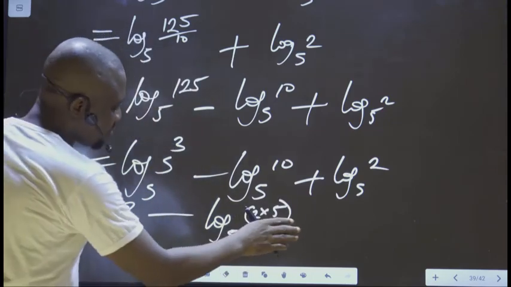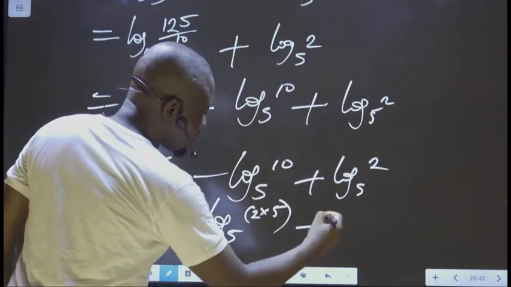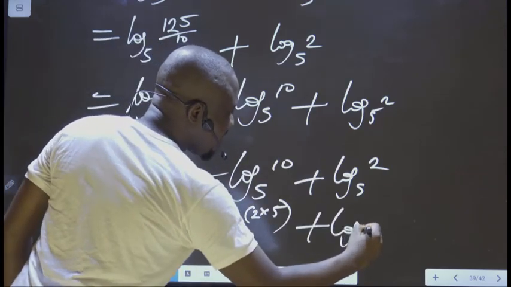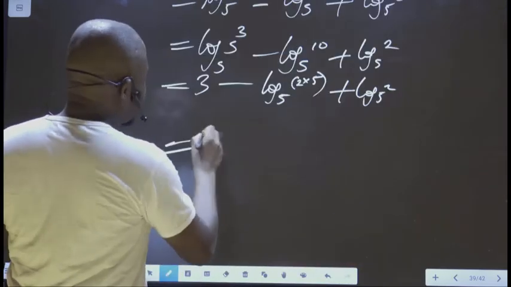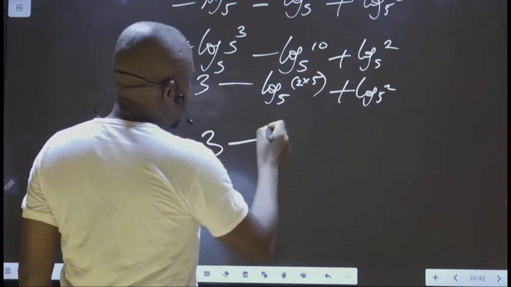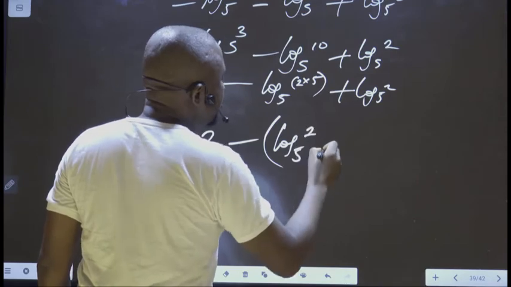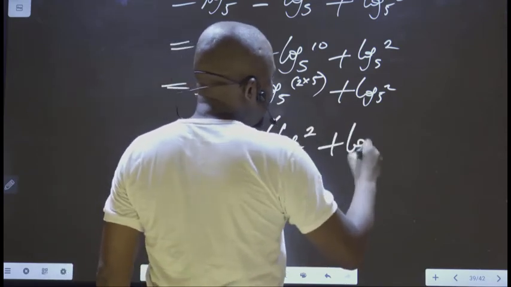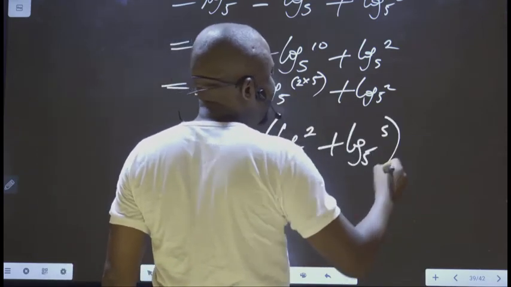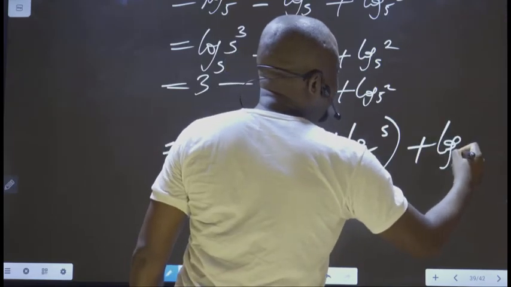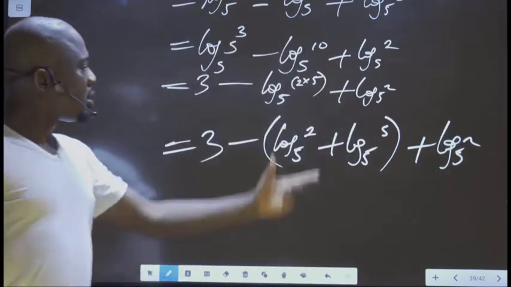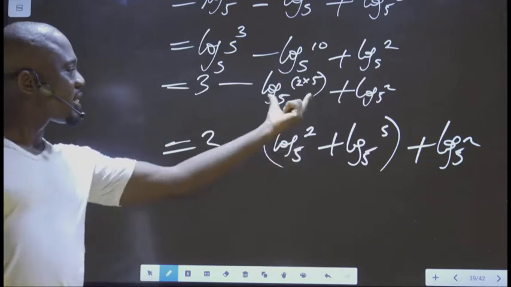Can still break it down. Plus log 5 raised to the power 2. This is 3 therefore minus log 5 raised to the power 2 plus log 5 raised to the power 5 plus log 5 raised to the power 2. Okay? This one, I break it down again. This guy here.